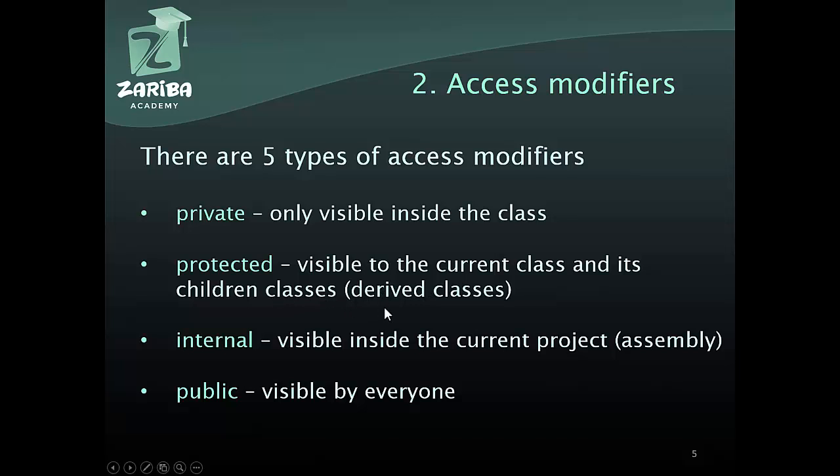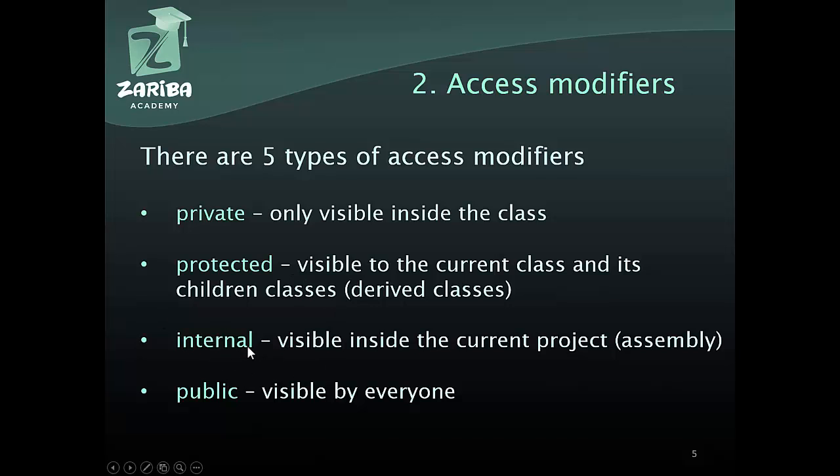So if I have, let's take another example, hero, and I have protected name as a variable there, all of the children classes of hero, which can be something like mage, warrior, and so on, will be able to access this property as well, which is protected.